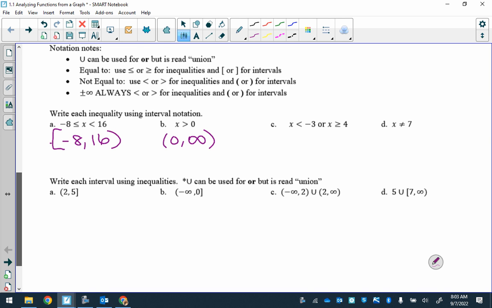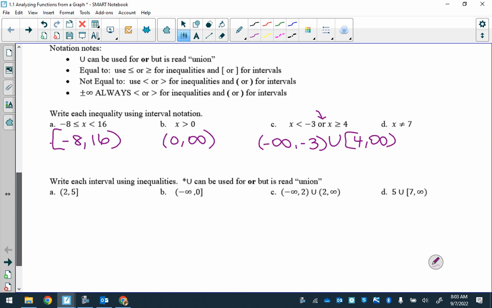Close. Okay, really close. Think least to greatest of that first. Okay. Negative infinity, negative 3, and then this was correct. What do I have to include in between? The union, because the union means or. Okay, so negative infinity to negative 3, union, 4 with a bracket to infinity. Do you guys see that?